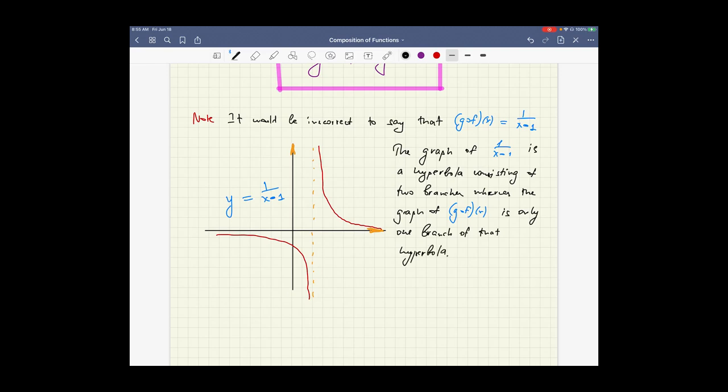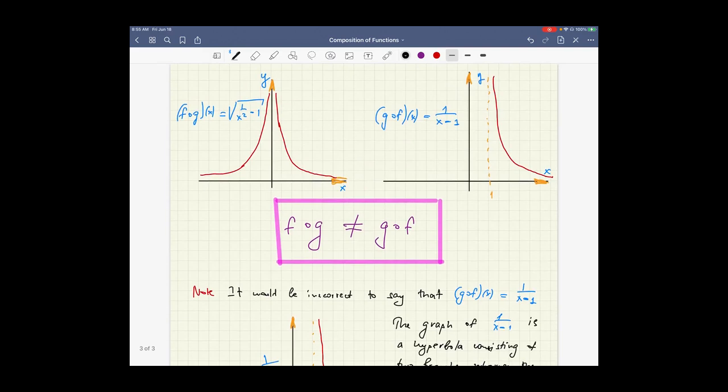So these are different functions. You absolutely have to identify the domain here. The domain is (1, infinity), and the domain here is real numbers except 0.